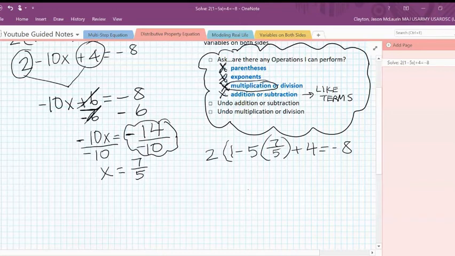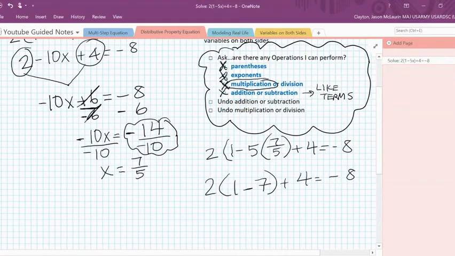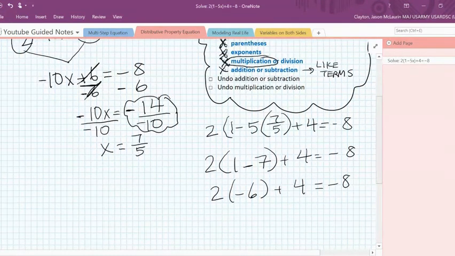When I multiply that value together, I end up with 7. Bring down everything else. One minus 7 is negative 6. Bring down everything else. Negative 6 times 2 is negative 12. Plus 4 equals negative 8.